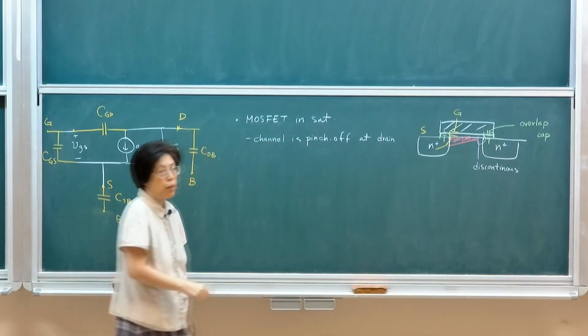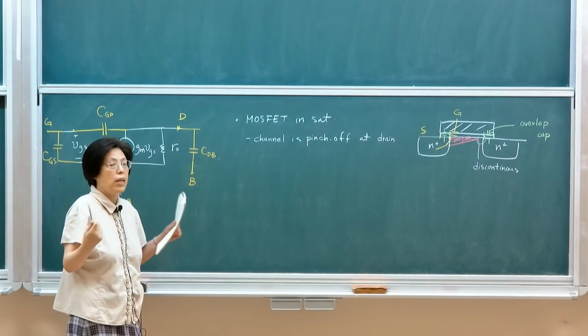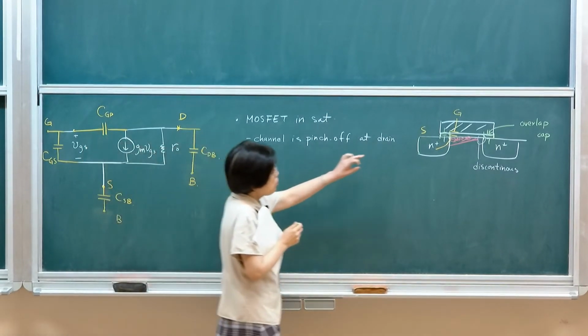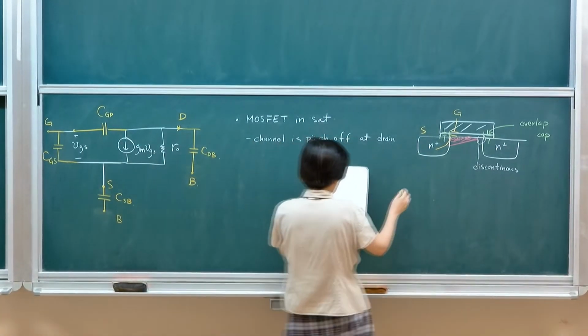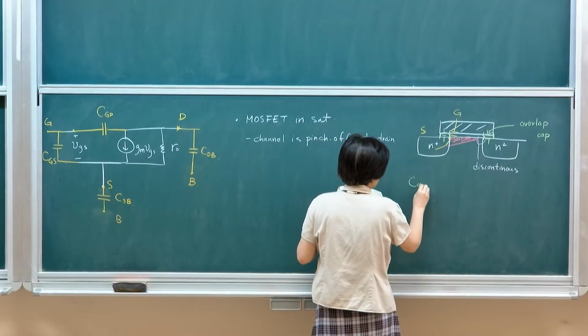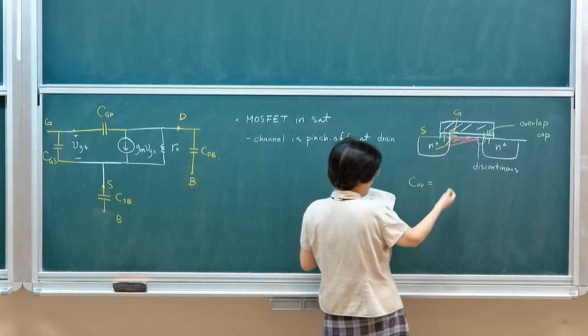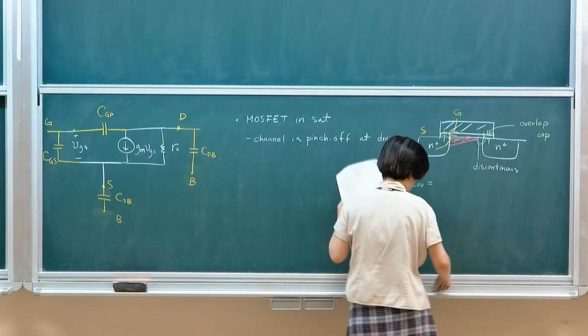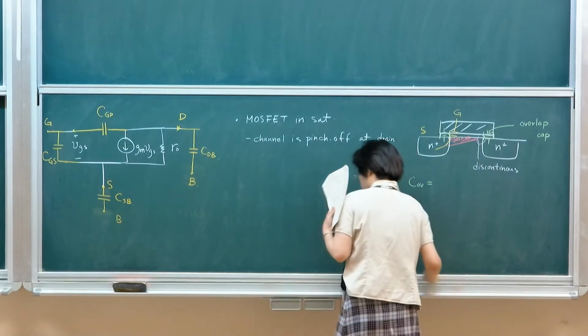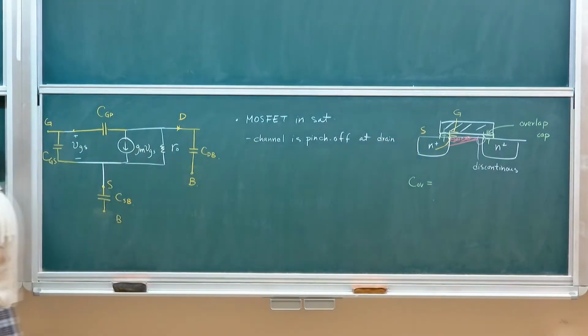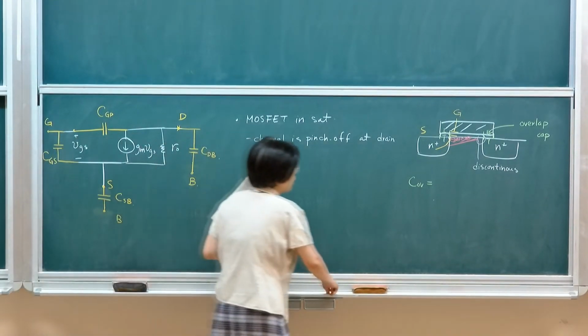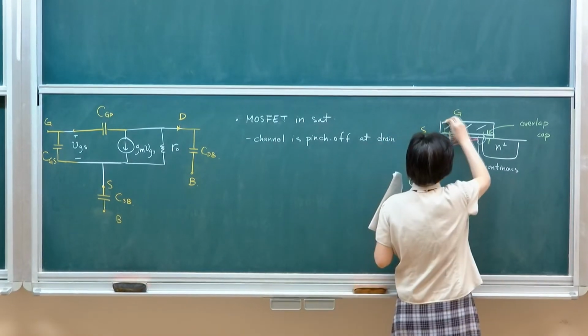So first of all, let's describe the overlap. Without the formation of inversion charge, there will be overlap capacitance. So the overlap capacitance is defined by its area. Let's define the length. Remember, my device looks something like this, right?